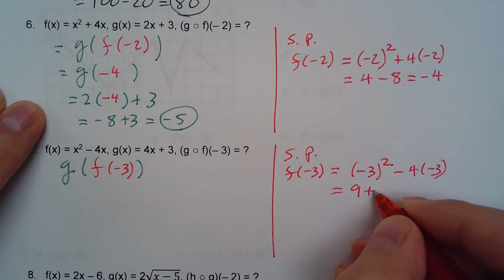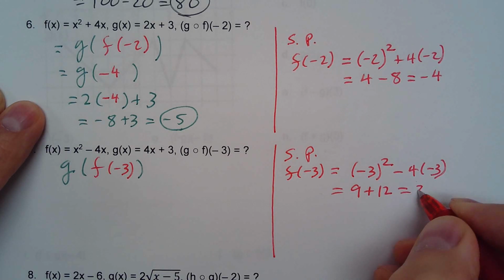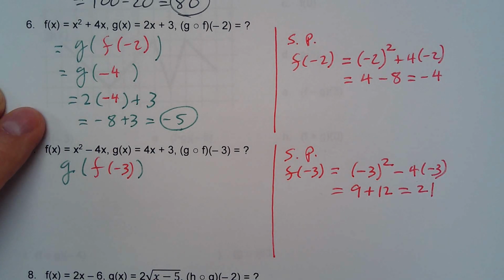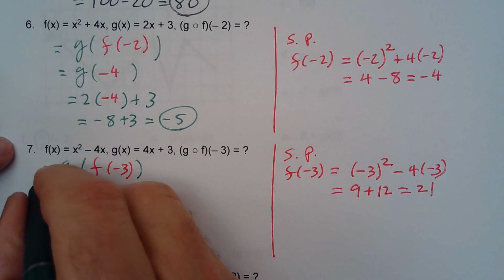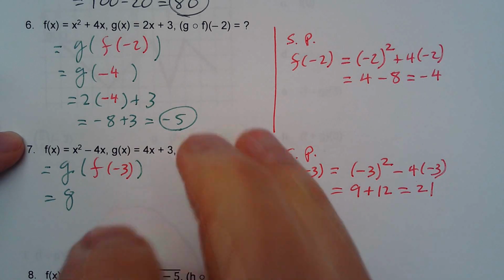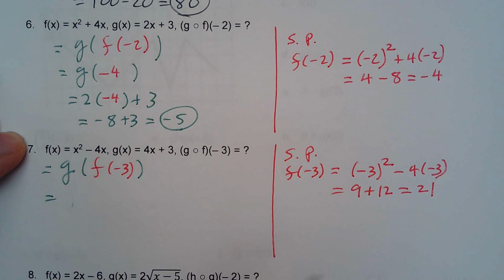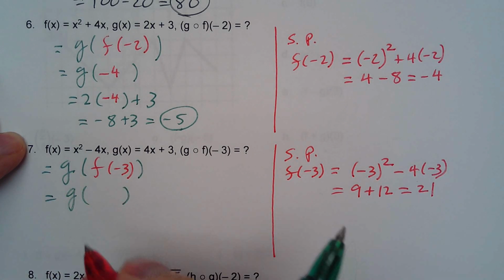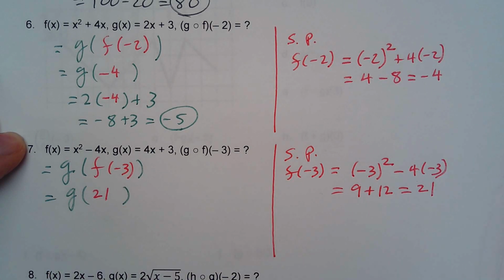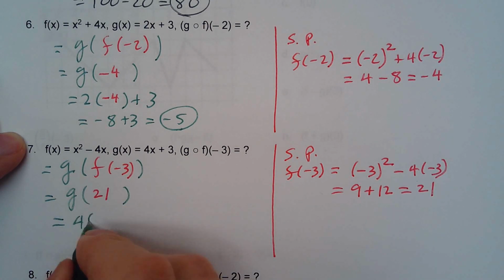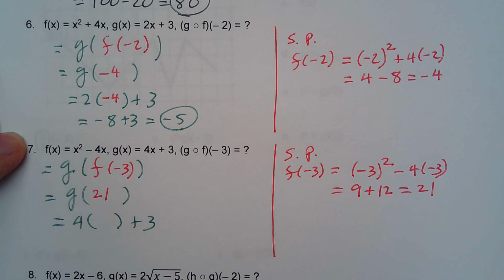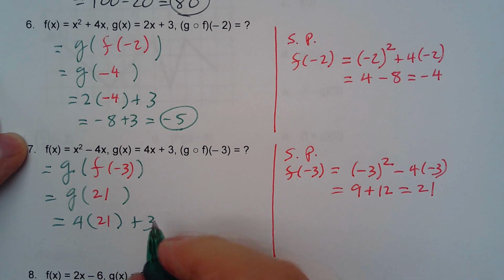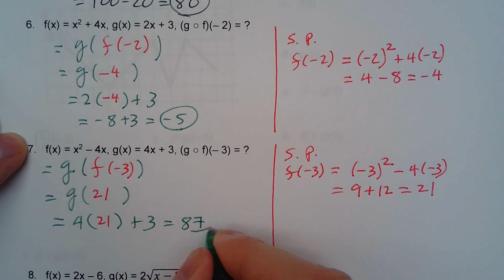And keep in mind, you can do this on your calculator real quick too, if you'd rather. Not a bad idea, just make sure you get the correct answers. And then we want to find g of 21. So we're going to be taking 4 times that 21 and adding 3. That's going to be 84 plus 3 is 87.